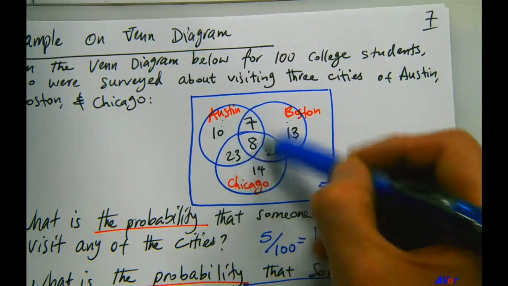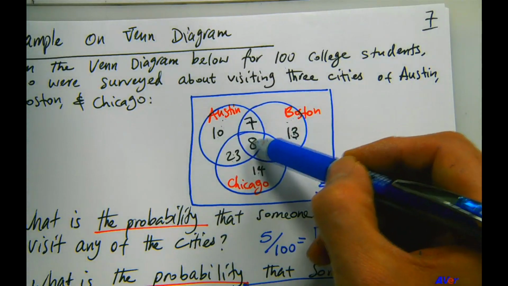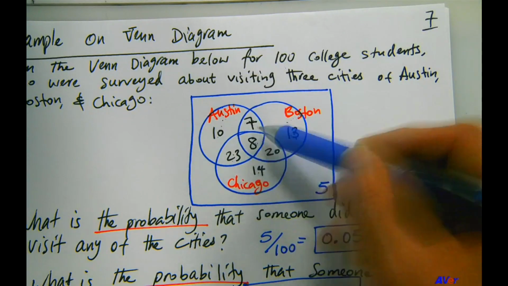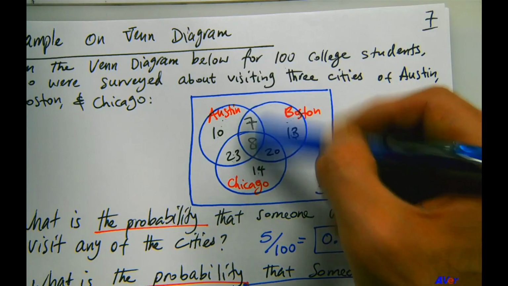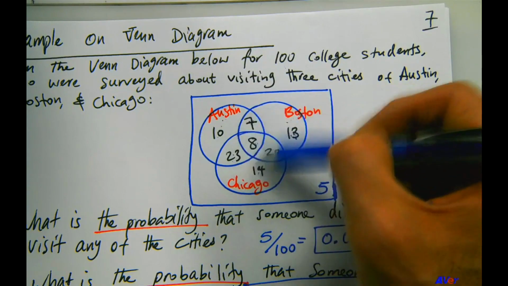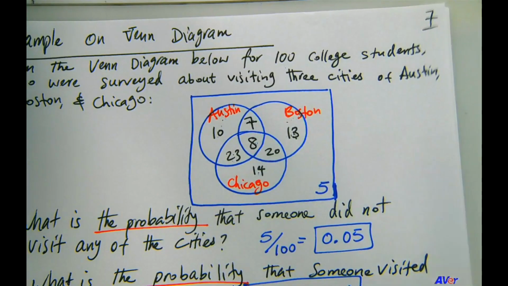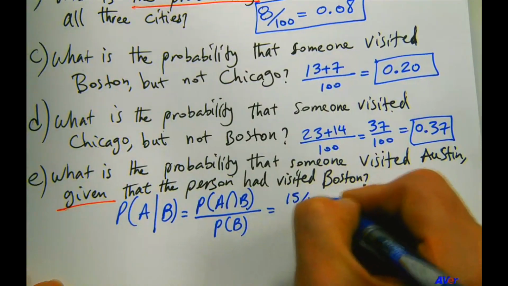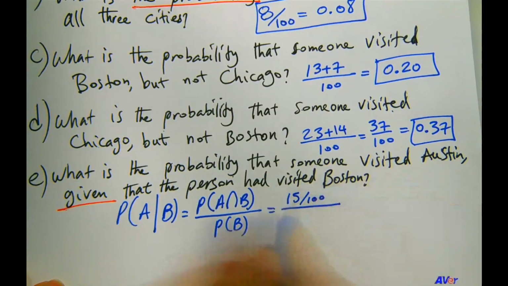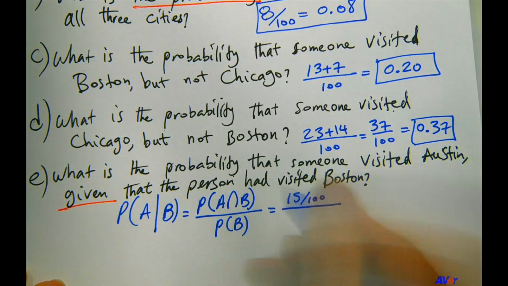It's okay, this 8 also visited Chicago, that's fine. The question doesn't say not Chicago, so 8 is also included. So 7 plus 8, that's 15 out of 100, because that's a probability.